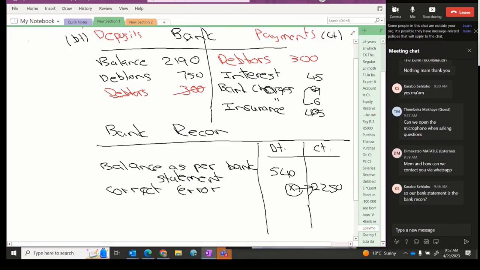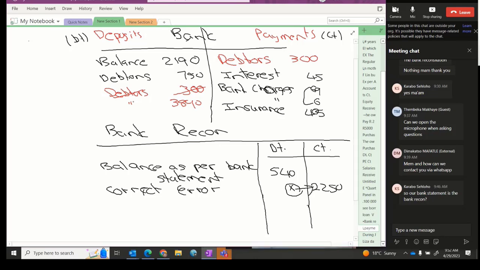So what they are saying is that the deposit already appears here, 3890. So it's debtors or whatever. So it's appearing here, but it's not appearing in your bank statement. So where are you going to put it? We're going to put it under bank reconciliation, credit side.